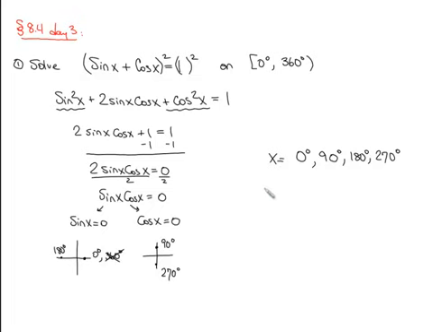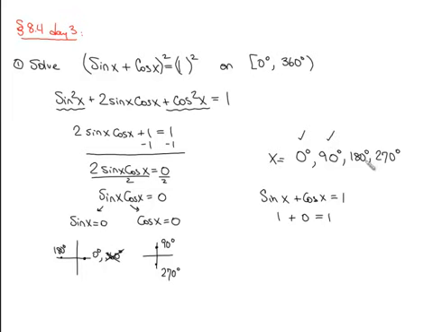So if we take our sine of x plus cosine of x equals 1 and plug 0 in, sine of 0 is 0, cosine of 0 is 1, 0 plus 1 equals 1, so this one works. If I plug in 90 degrees, sine of 90 is 1, cosine of 90 is 0, this one also works.